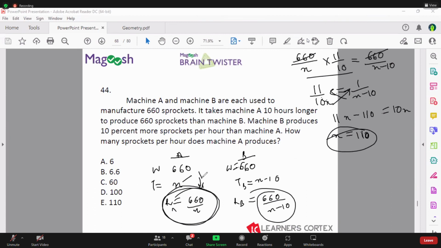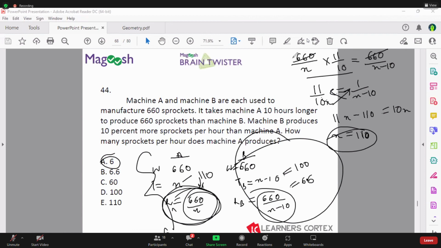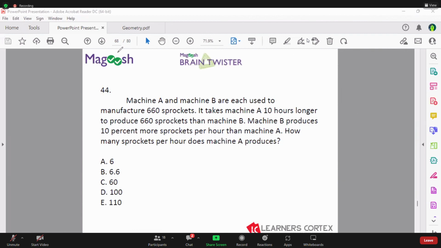So if it is 110, this would be 6, and this will become 6.6, because the number of hours for B here would become 100. So the rate of A is 6 SP rockets per hour, and the rate of B is 6.6 SP rockets per hour.